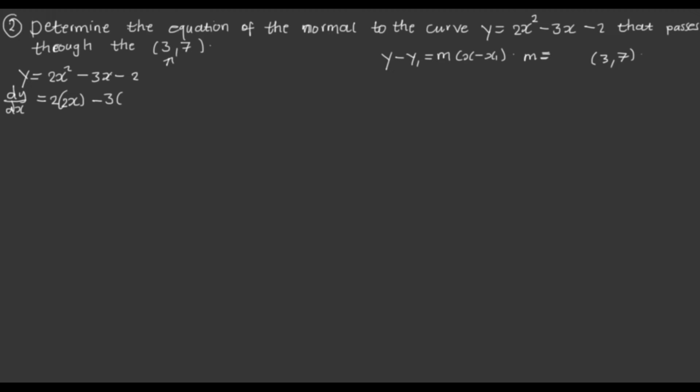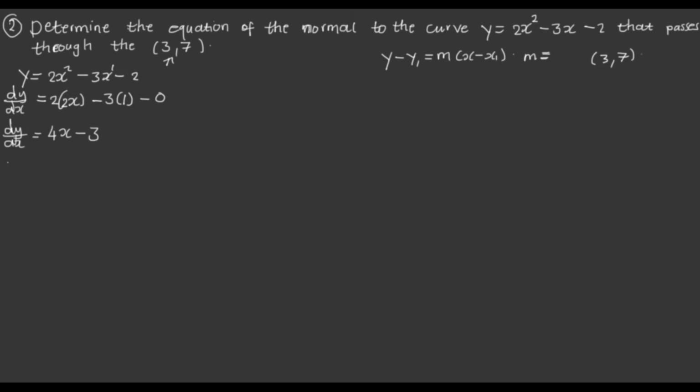We said where there is x raised to the power 1, its derivative is just 1. Then the derivative of a constant is 0. dy over dx is equal to 2 times 2, we get 4x minus 3 times 1, 3, minus 0.